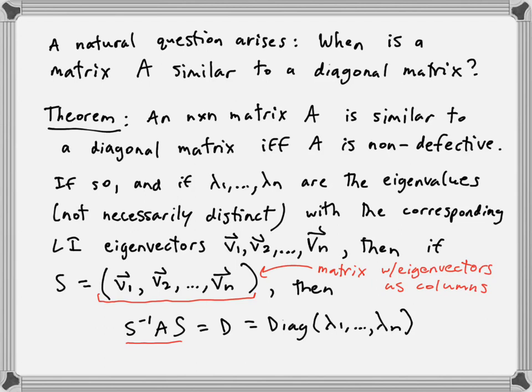Okay, so this theorem actually has a very simple proof. So let's do the proof really quick. So let's start off with S inverse A S equals D. Okay, what does that imply? This is true if and only if A S is equal to S D, right?